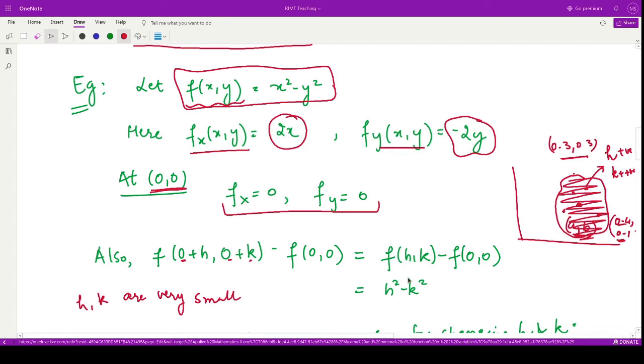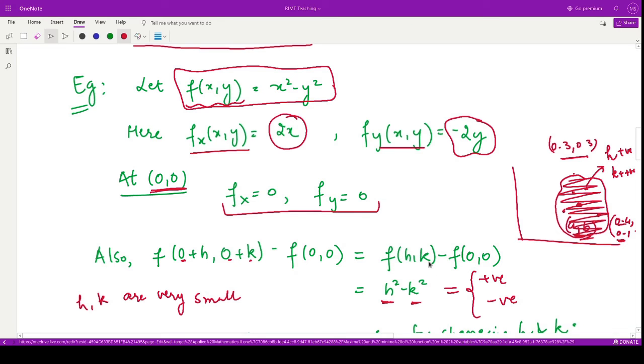So for some points h would be greater than k, and for some points k would be greater than h. So this quantity at some points would be positive, at some points it would be negative. So it is not giving you a crisp idea whether your function would be a maximum or a minimum. You cannot conclude from here that the given function would have an extreme value.